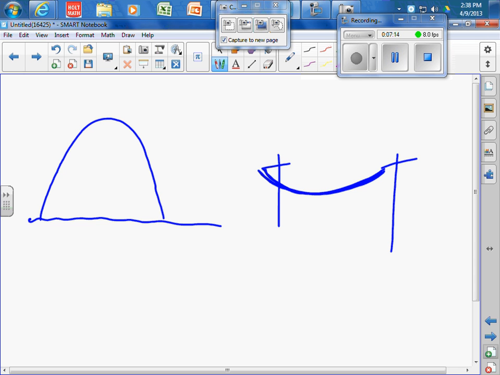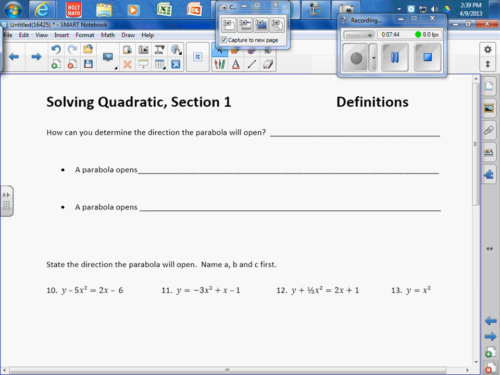And there's all kinds of different applications for parabolas that we're not going to get into now, but suffice it to say that when you draw a parabola, I want you to picture a ball being thrown up in the air, or a cable or a string or a rope sagging between 2 points, like if you were holding up a rope between 2 points. Okay, so that's what we're going to be looking at.